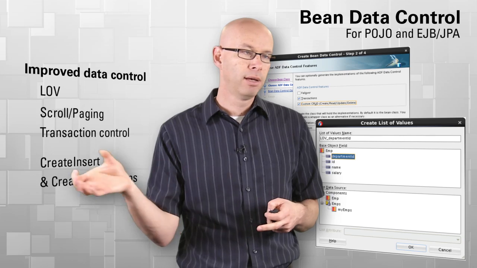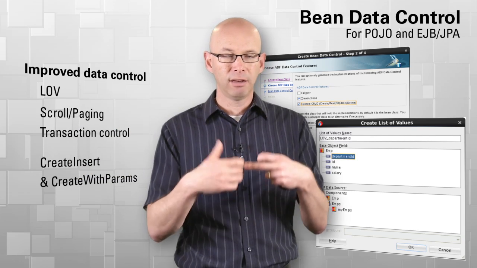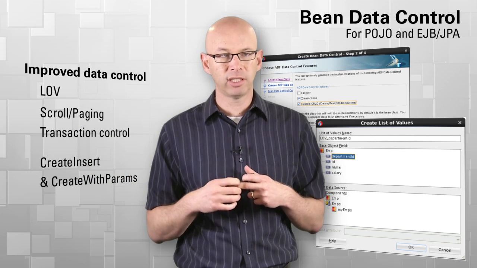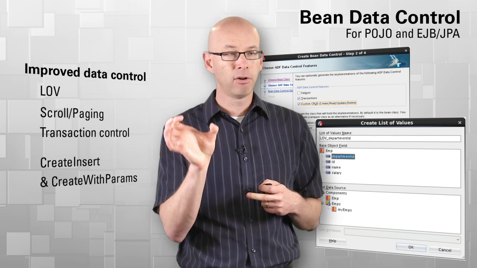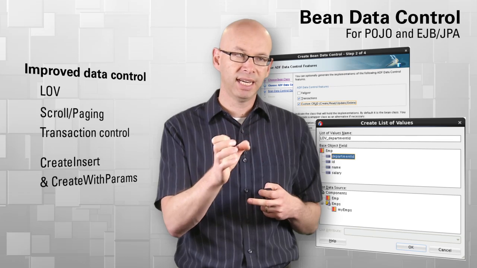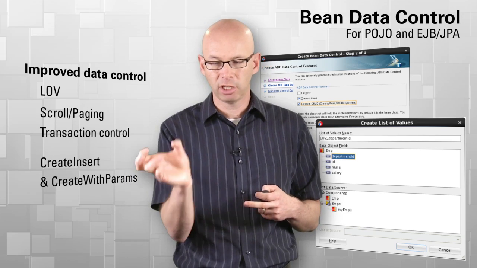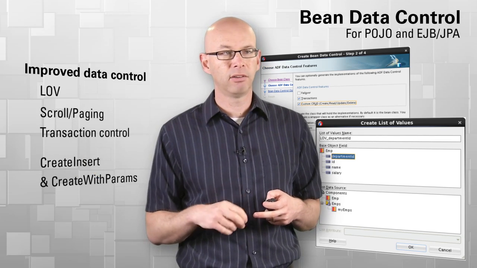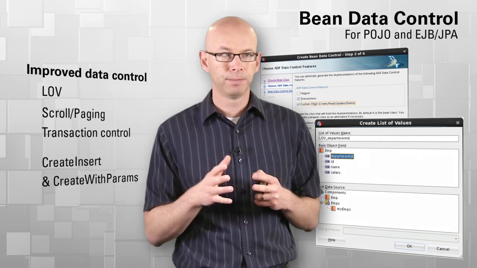So you can now basically take an EJB and, for example, use container managed transactions and still have commit and rollback operations available for you, as well as have the create insert and create with params operations that you can just drag and drop from the data control into your page.